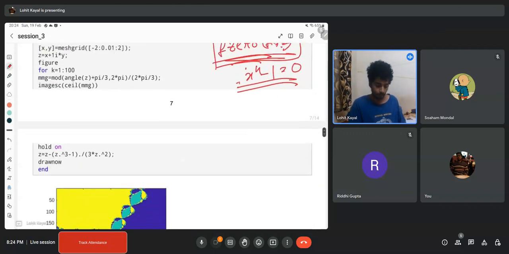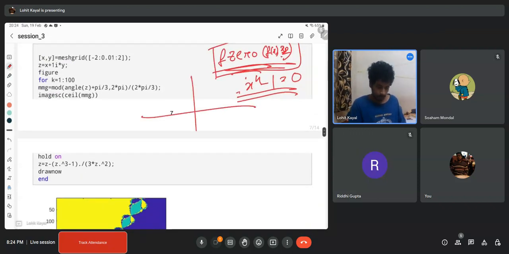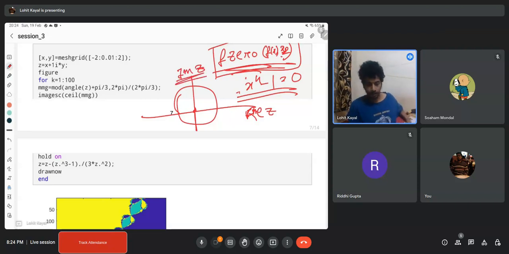Then I showed from this Re(z) or Im(z) plot that if you start somewhere in this plane, you have four solutions. These four are your solutions.